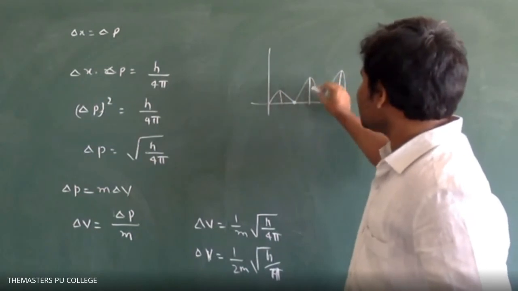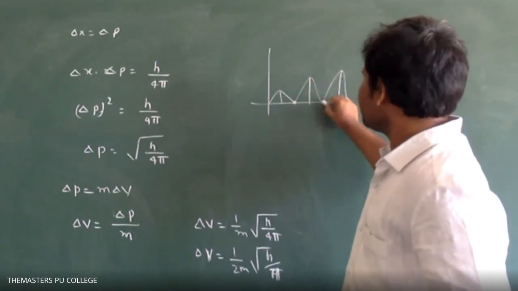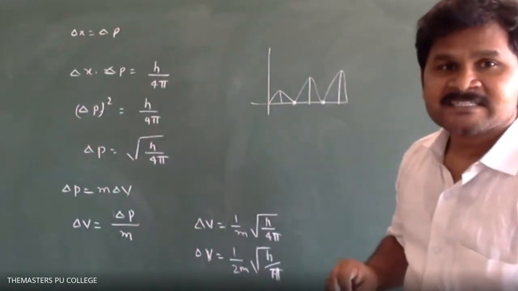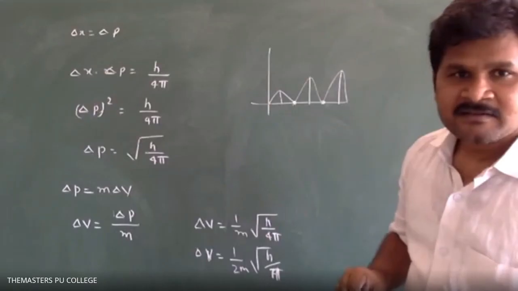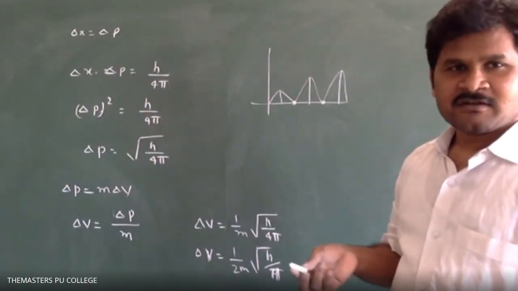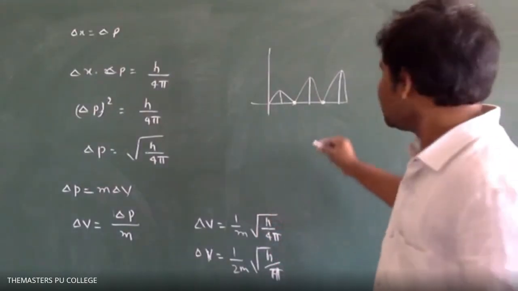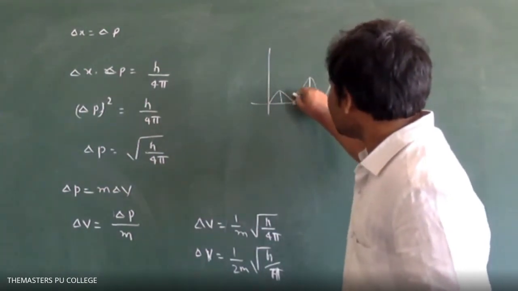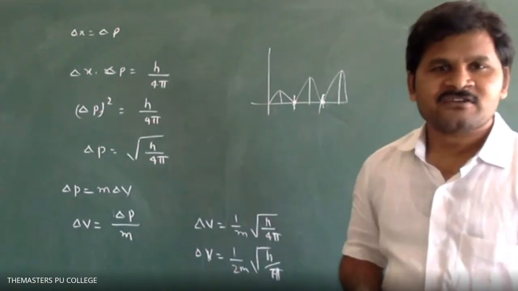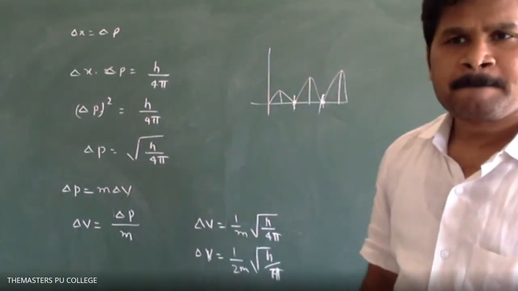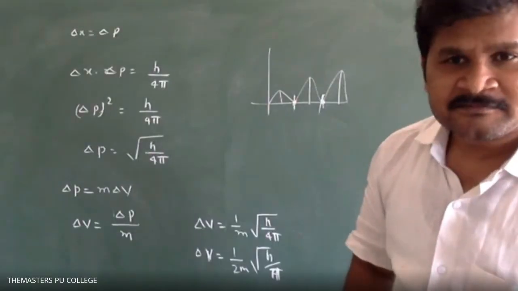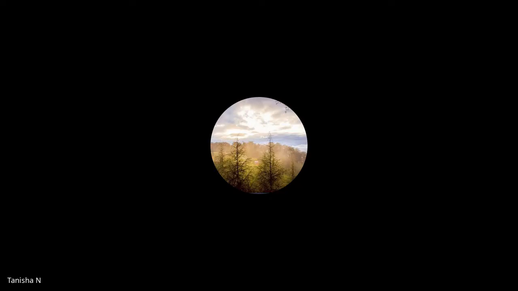Whenever two peaks occur, we get exactly an axis crossing at this place. That is the radial node. At this point we don't have any electron. The radial nodes formula is n minus l minus 1.